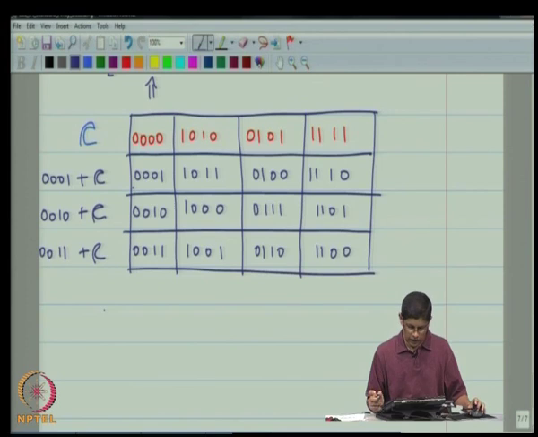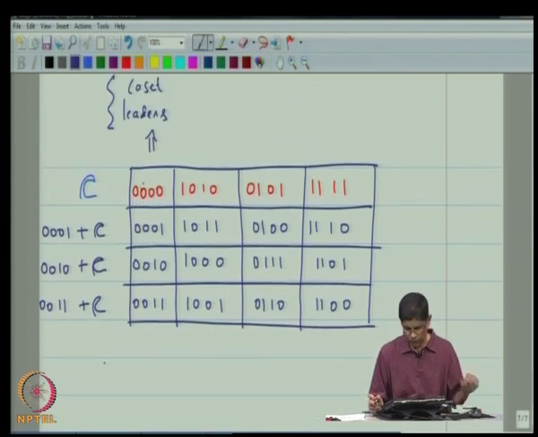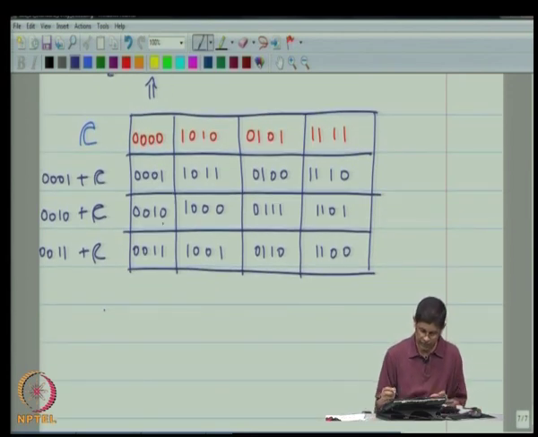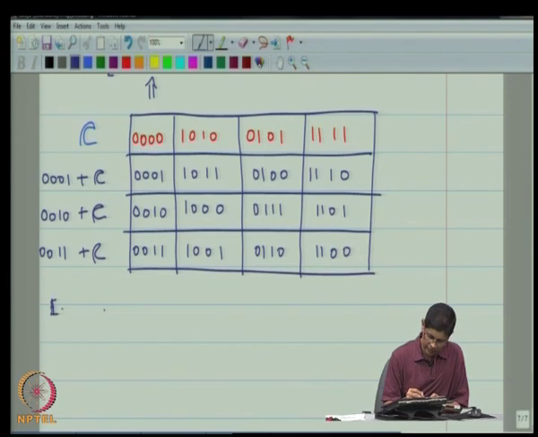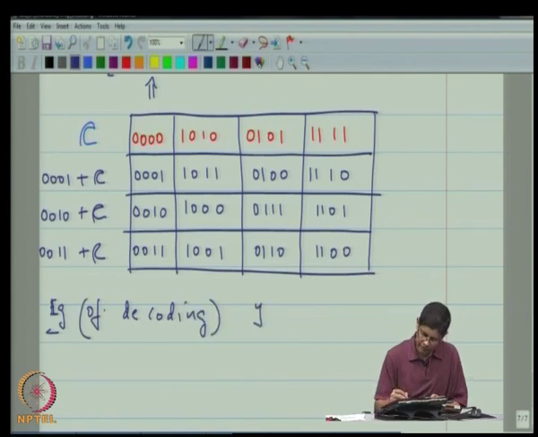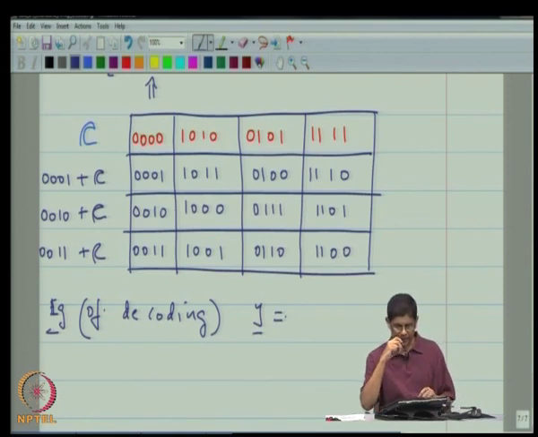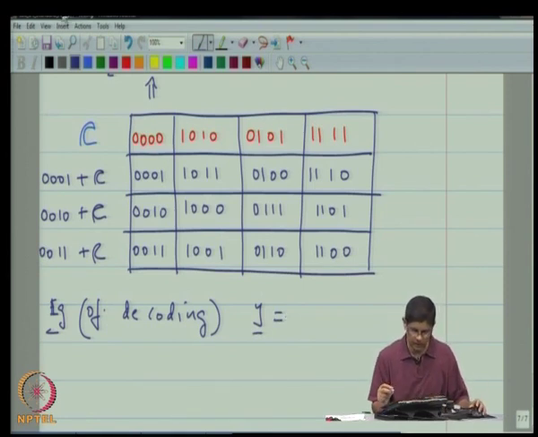So how would you use this for decoding? So let us try an example here, an example of decoding. So let us say that y, now the code words are these vectors on top right here, right. You have 4 code words, 1 2 3 4.